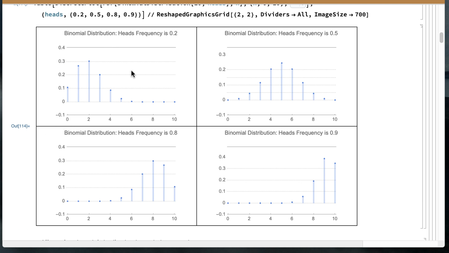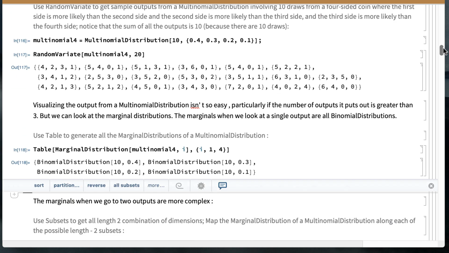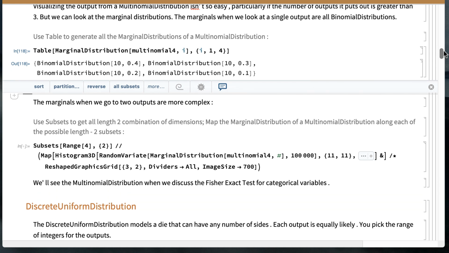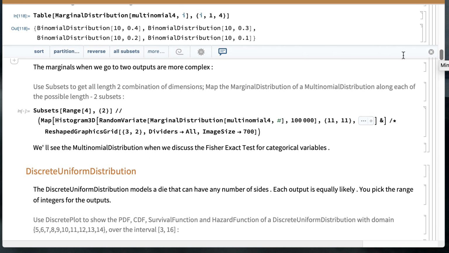They're going to look something like this, although the precise look of the PDF is going to depend on the precise head frequency. But that's one way to begin to visualize the outputs of a multinomial distribution.